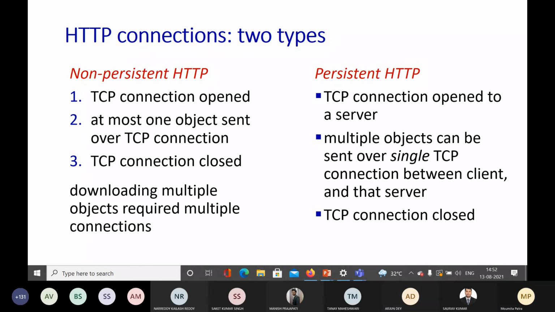Yes, ma'am. If the server can support only one client at a time, but communication requests are coming from different clients, then it is a good idea to use non-persistent HTTP so that you can do a kind of scheduling. Yes, ma'am.